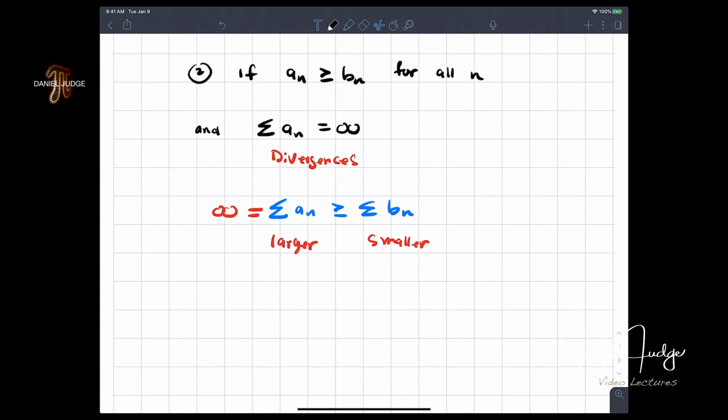It's not a million, it's not a billion, it's not a trillion. It's not finite. They're so big, they're uncountable. Well, if the larger series diverges, this forces the smaller series to also diverge. And this is really what they're saying.